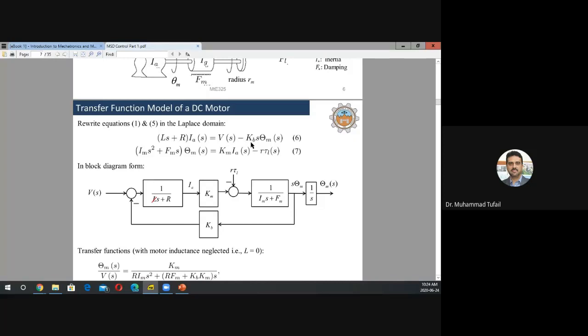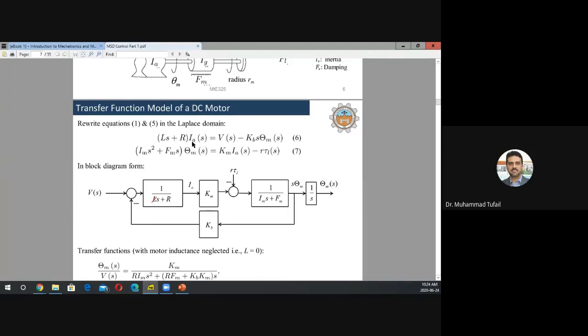It is a kind of feedback, and it is a feedback. So we put it in the feedback loop. We take it all the way back and we subtract it from the input voltage, and that's what you're doing because of the right side of equation 6.